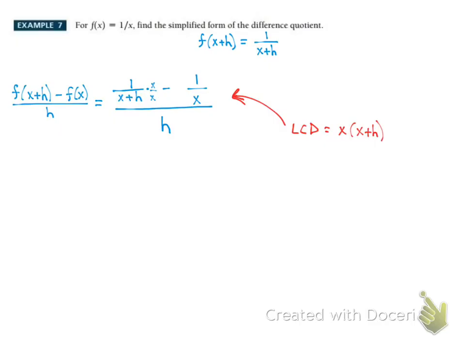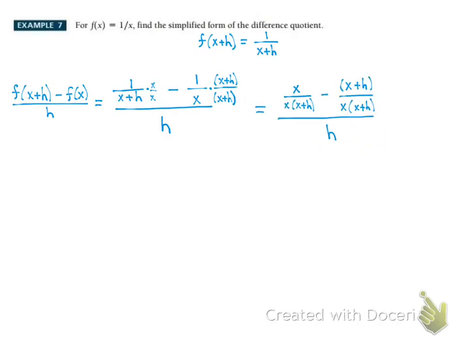In the second fraction, we're missing the x plus h factor. So we need to multiply top and bottom by x plus h. Now we can just multiply fractions, and we get these two fractions now. And they both have the same denominator, so now we can subtract these two fractions.